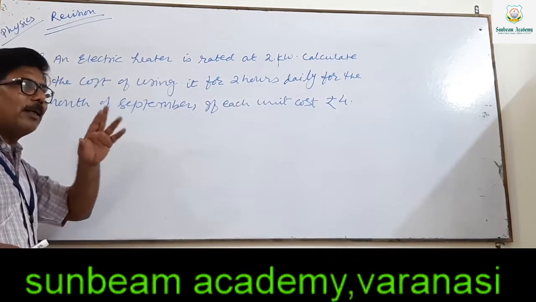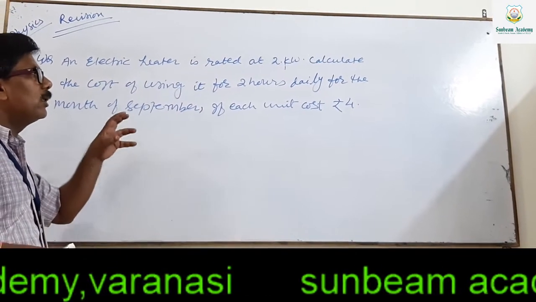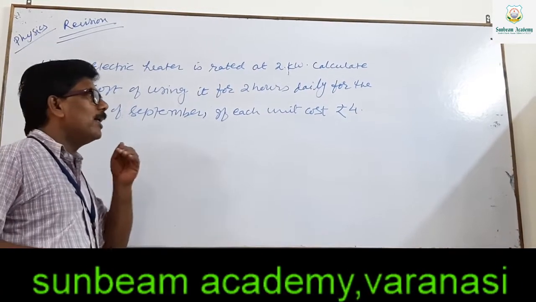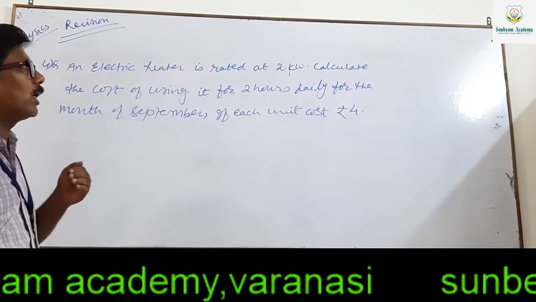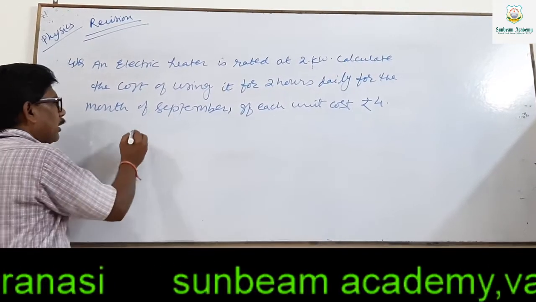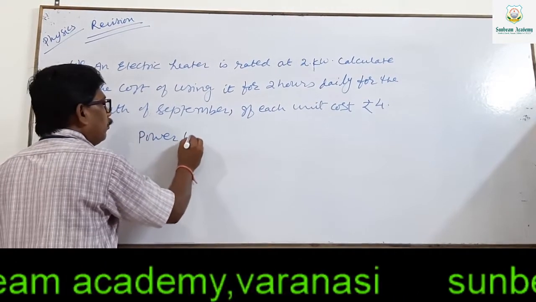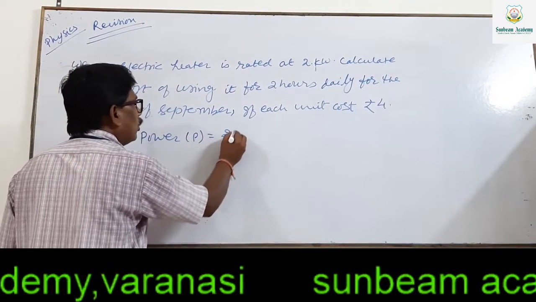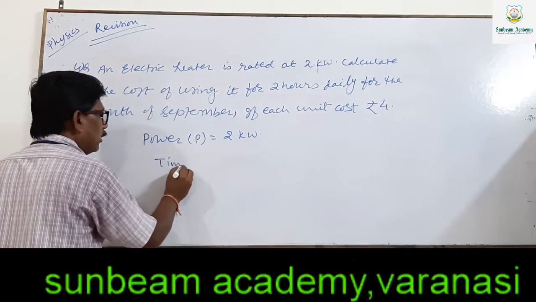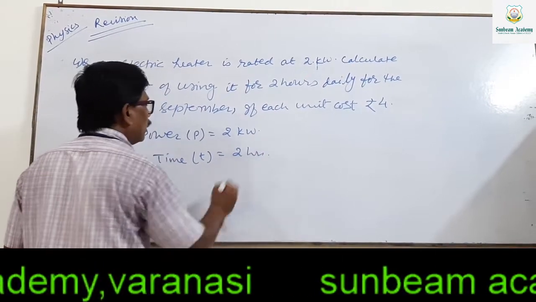How many days are there in September? 30 days. Over the whole 30 days, how much energy do you consume? Now for the commercial unit, you know that the commercial unit of electrical energy is kilowatt hour. So we have to see what is given here. Power P is given as 2 kilowatt, and time T is equal to 2 hours.